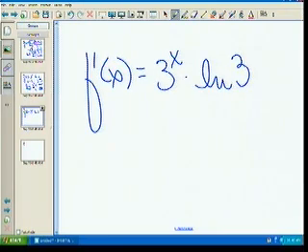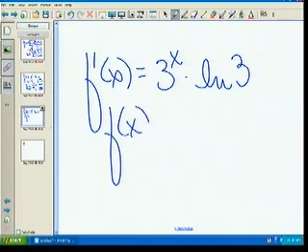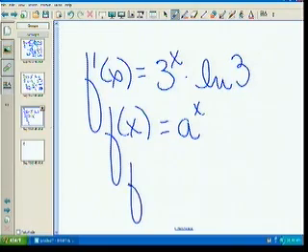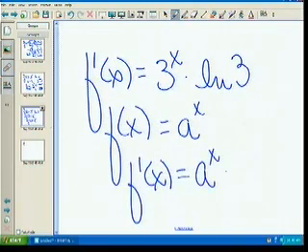So in general, if our function is a to the x, where a is a value that is positive and is not 1, then the derivative is itself.